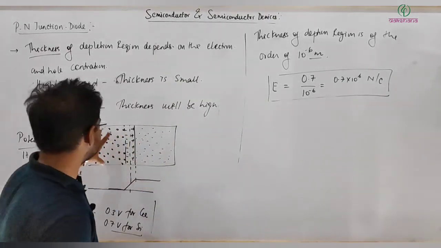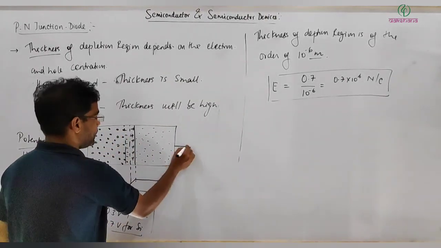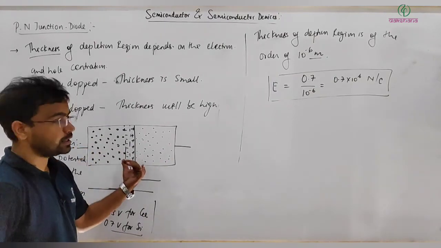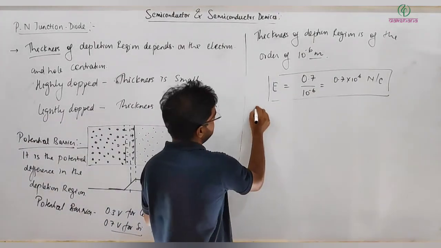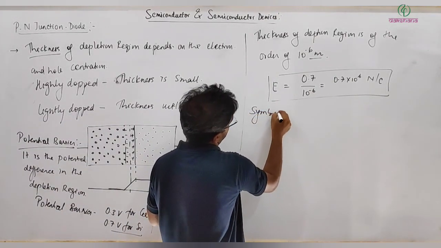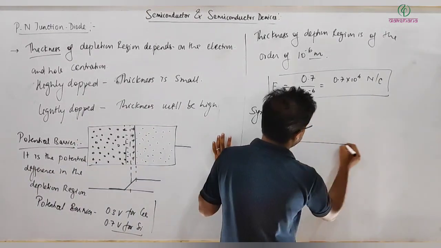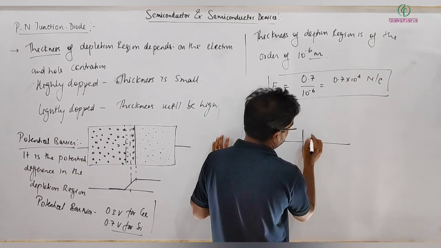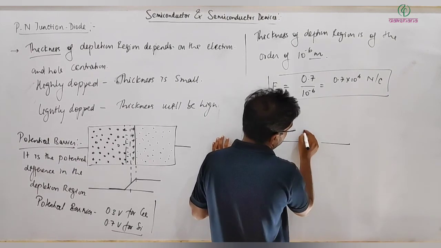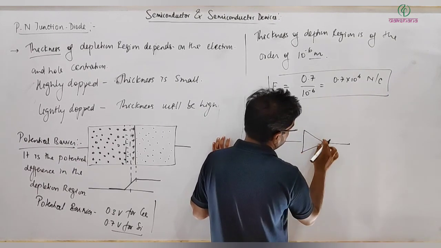So I hope we got it, this is simply called a PN junction. Its symbol, this PN junction notation, is denoted this way.